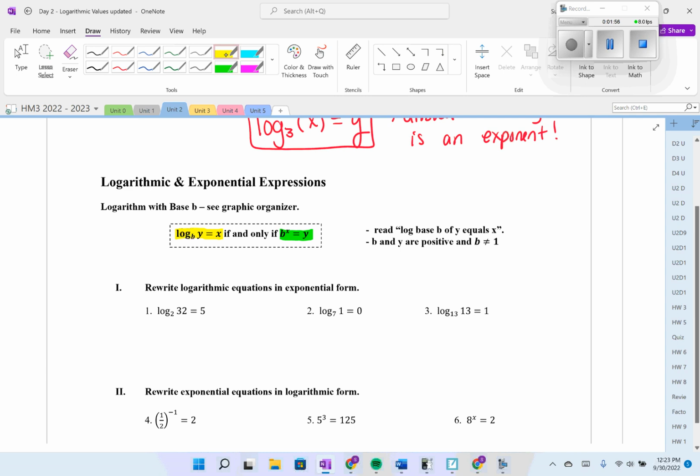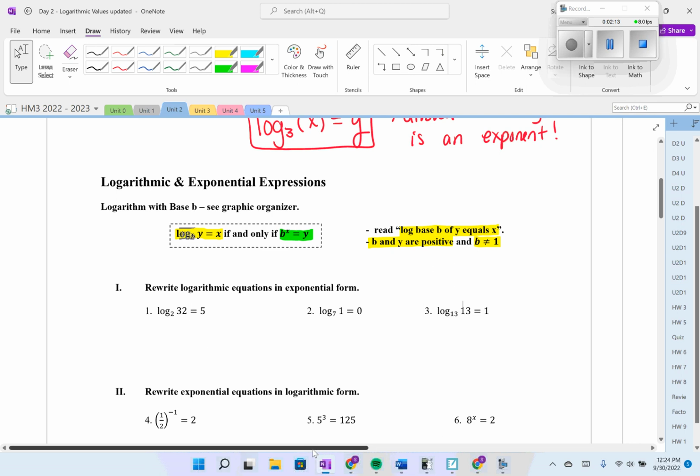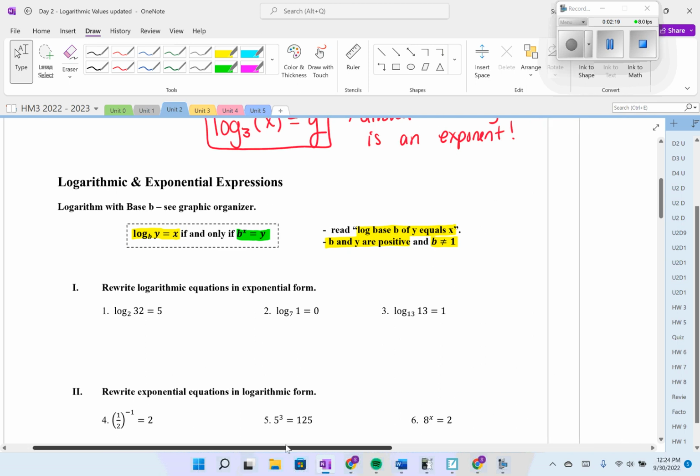You read it as log base b of y equals x, and your b and your y both have to be positive, and your b value cannot be equal to 1. Those are just some rules of the equation, because we can't take the log of a negative number, and we'll talk about that in a little bit.